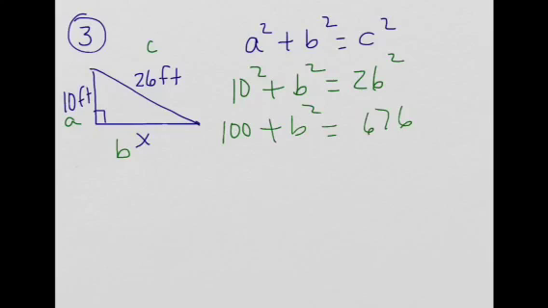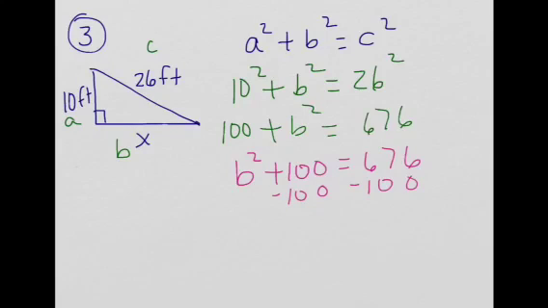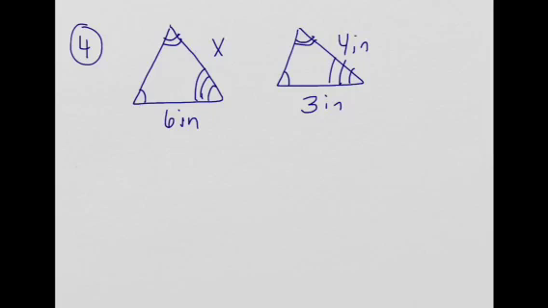Is it first? No. So we're going to do the commutative property. Is it by itself? It's not, so we're going to zero pair out. So b squared is equal to 576, square root, and we have b is equal to 24 feet.